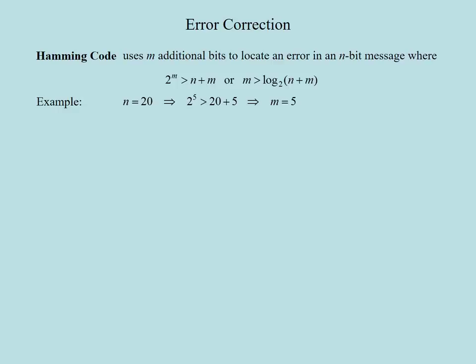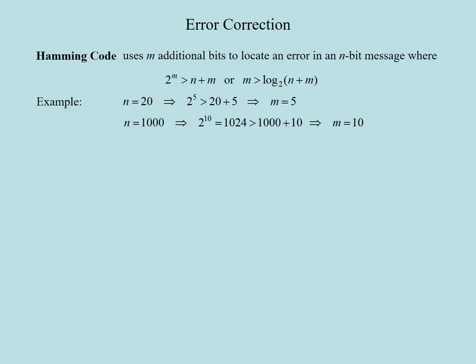Note that 4 additional bits would not be sufficient in this case, since 2 to the 4 is 16, which is less than 24. Or if you have a data sequence of 1000 bits, you will use 10 additional parity bits, since 2 to the 10 is larger than 1010.